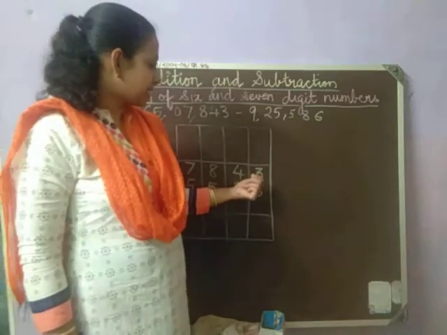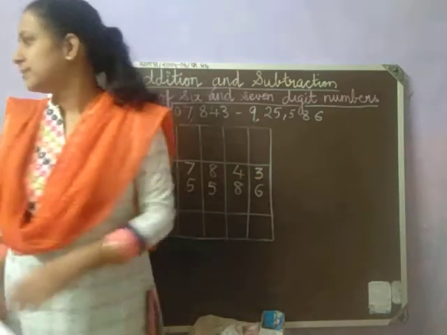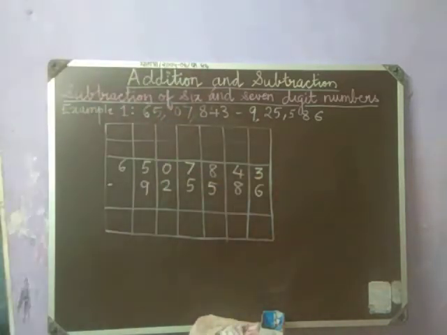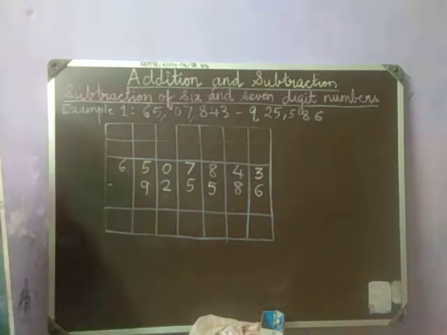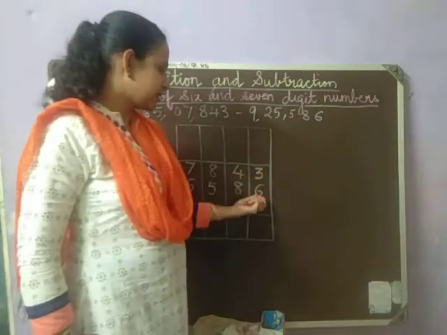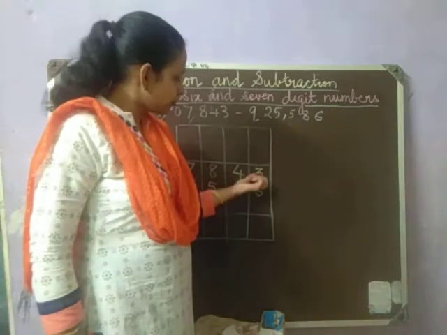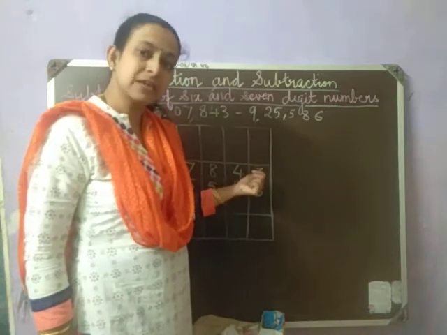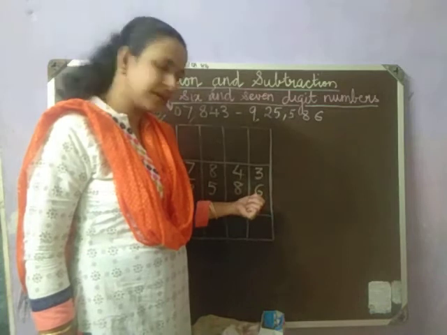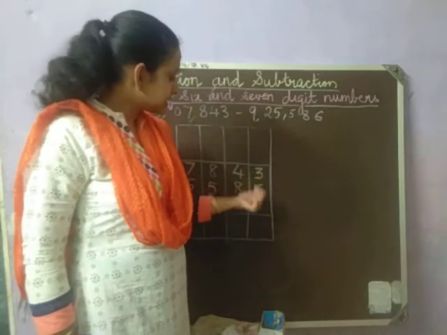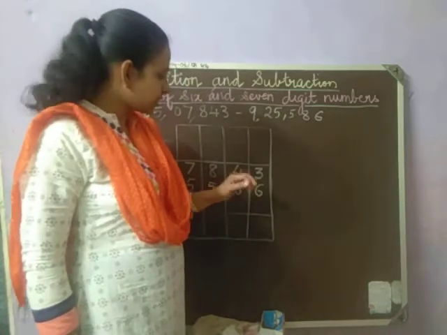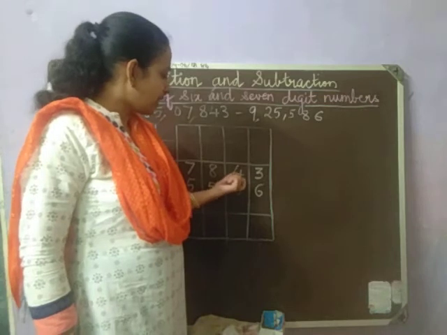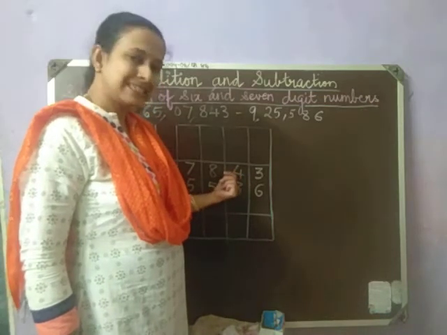Now here you can see that there is number 3 and here there is number 6. So you know that we cannot subtract 6 from 3 because 3 is a smaller number whereas 6 is a bigger number. So for this we need to borrow one number from the tens place.